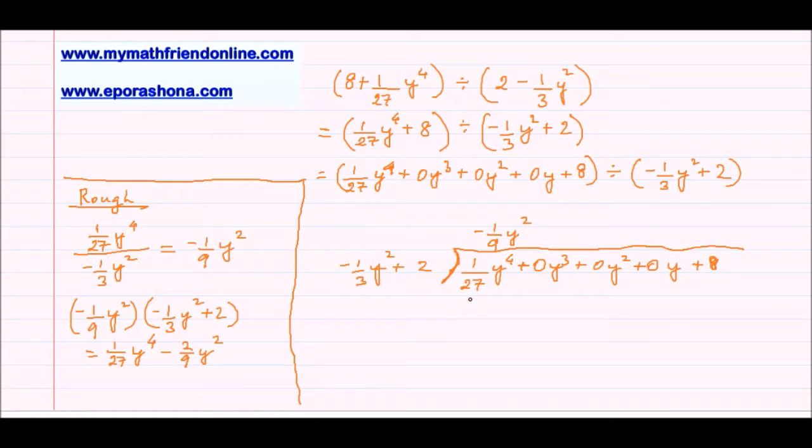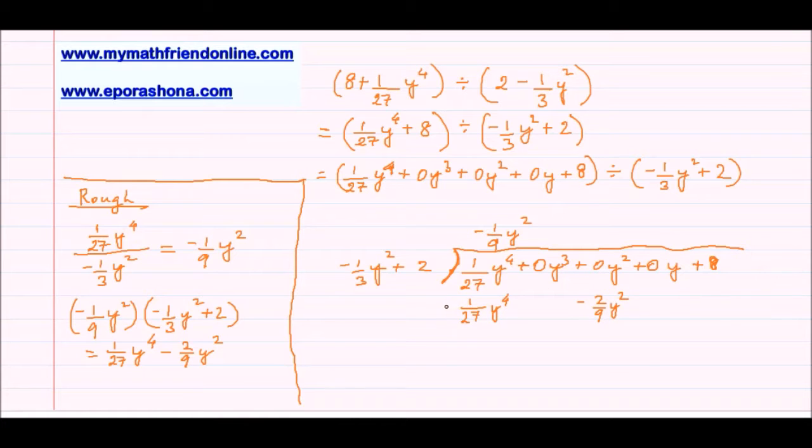We will be writing the terms beneath the like terms. So this comes over here, and we do not have any term in the product which has a y to the power 3. So we skip this part and we come to this part. We write minus 2 by 9 into y square beneath plus 0 into y square.